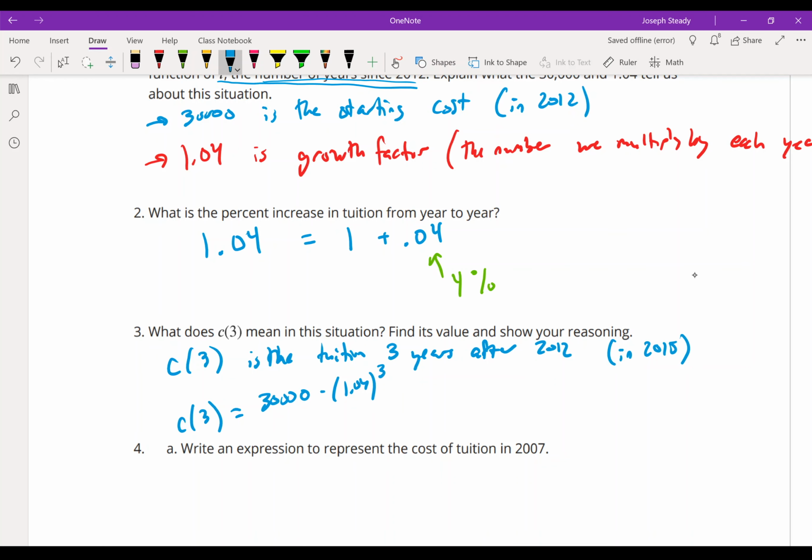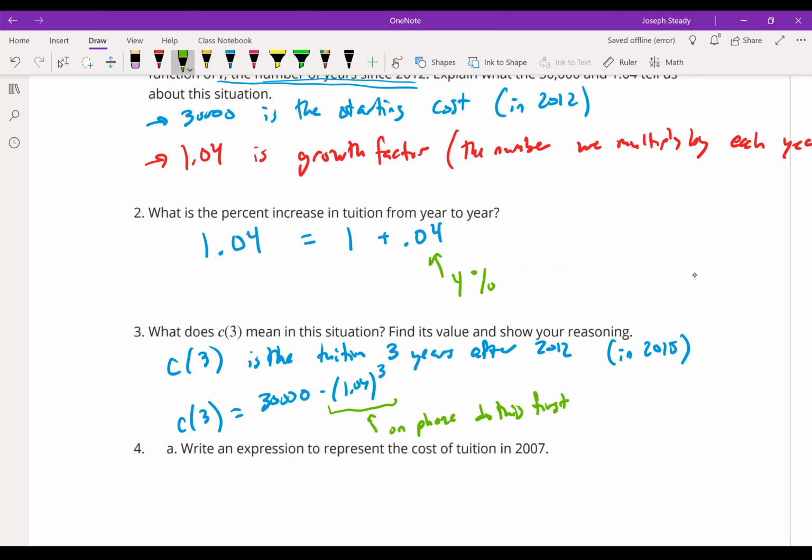Now this is going to call for a calculator. I know most of you don't have a graphing calculator, so I want to point one thing out. If you are doing this on your phone, you should do the exponent part first, before multiplying. Order of operations. So on your phone, do this first, and then when you get that number, multiply by 30,000. Give that a try just to make sure everything works out.